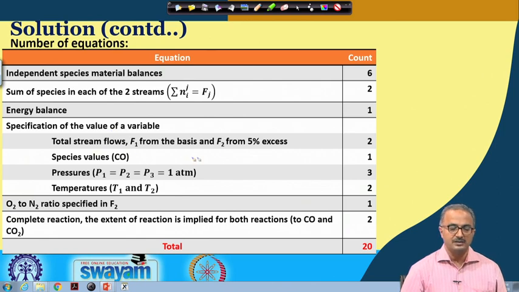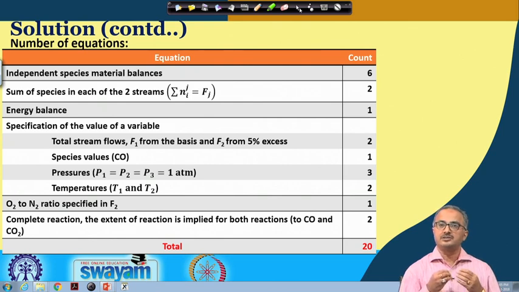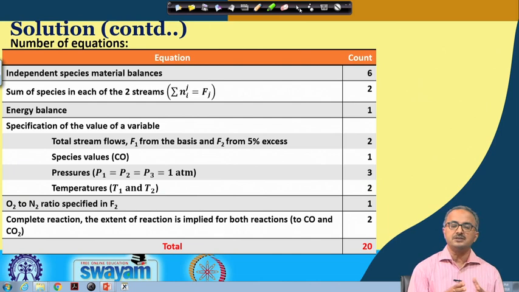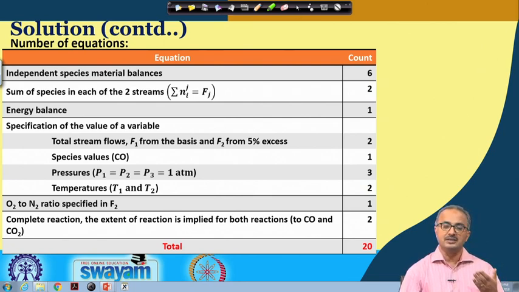So here we have some specification. Please understand that the specified variables are not unique. The selection can be a user based thing. Depending on the situation, the specifications can differ. So this is one of the typical sets of specified variables, and depending on the situation, you can also alter it.